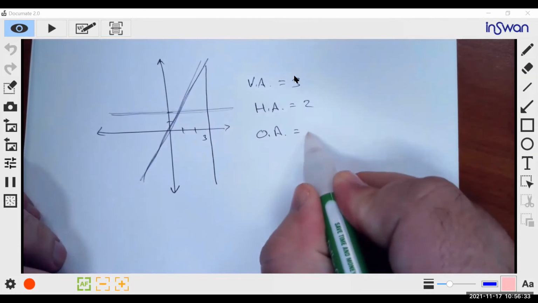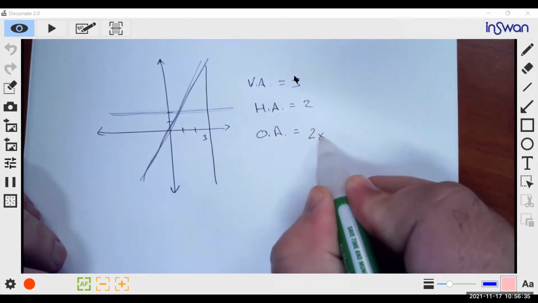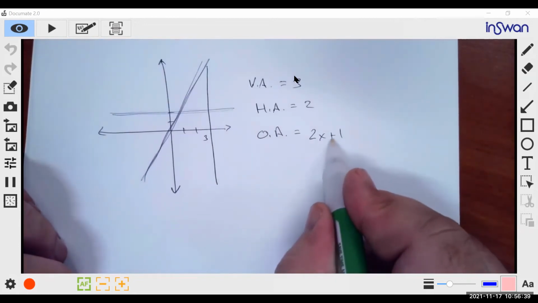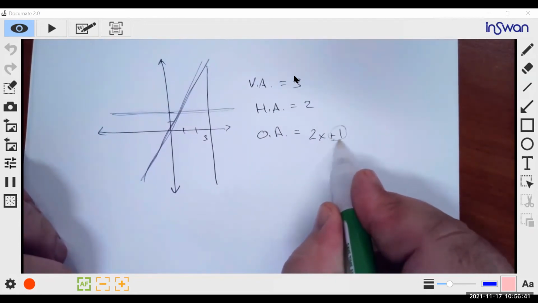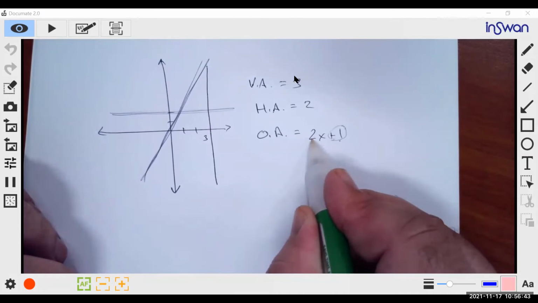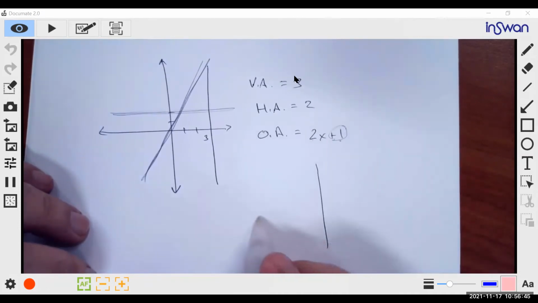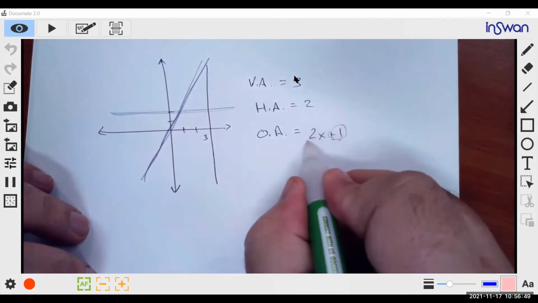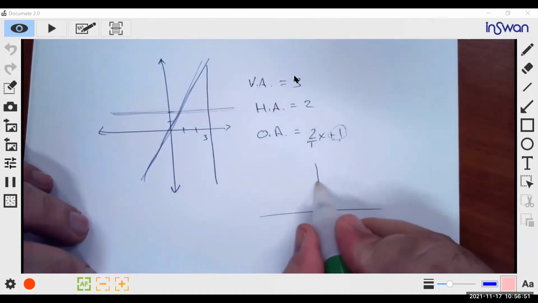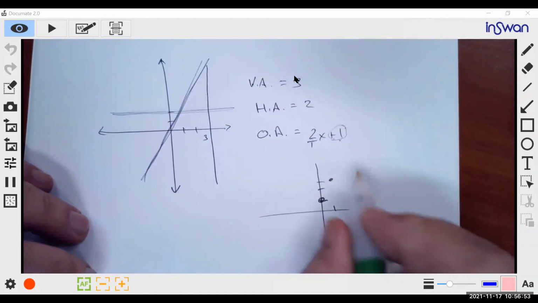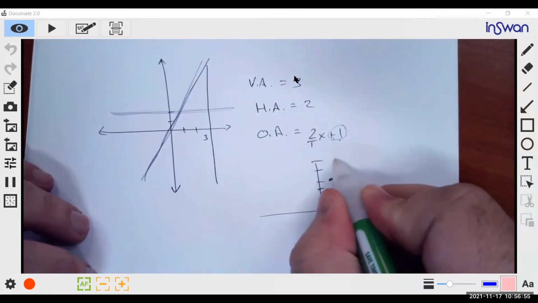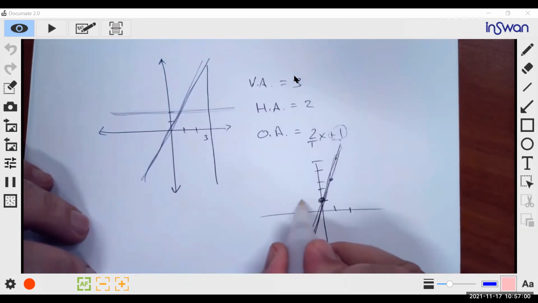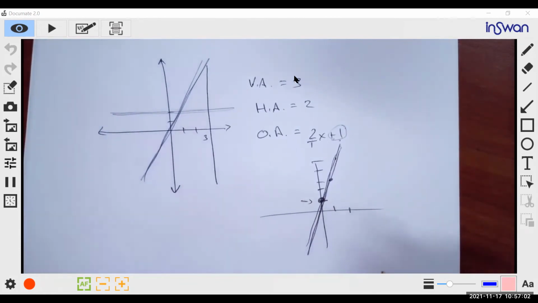So it has to be an equation, in this case 2x plus 1. Remember how our y-intercept is 1, slope is 2. So the y-intercept was 1. The slope is 2 over 1. So it's up 2 over 1. Up 2 over 1. So there's our line, and it has to go through that y-intercept.